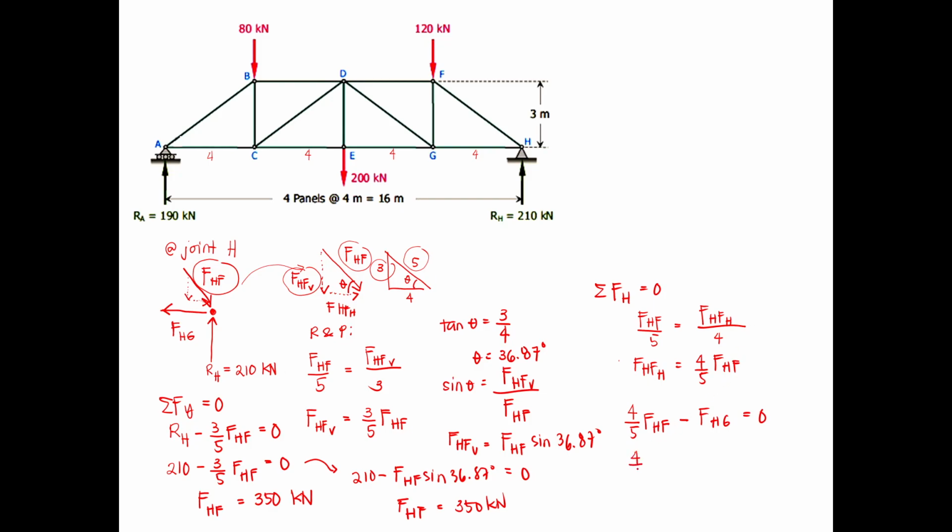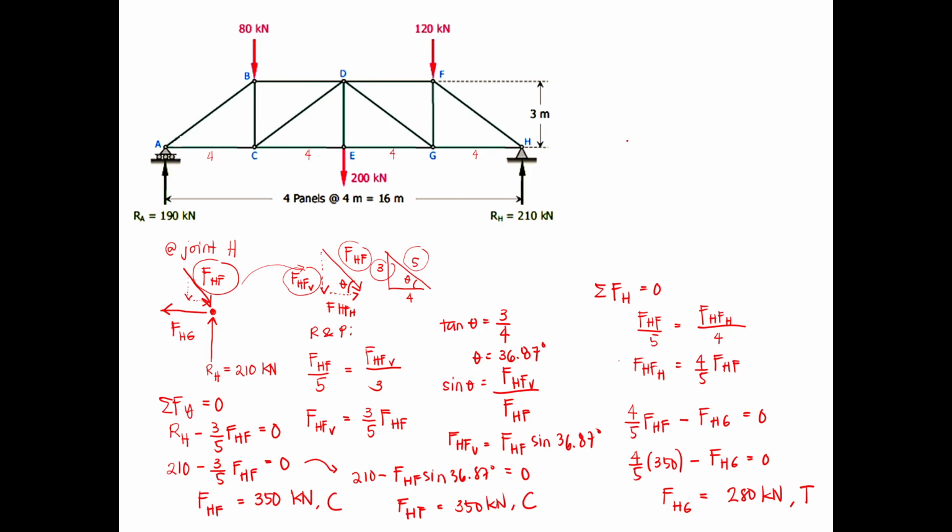So this will be 4/5 times 350, solved from the last equation, then minus FHG equals 0. So your force HG is equal to 280 kilonewtons. That's in tension. So tension, and these ones are in compression.